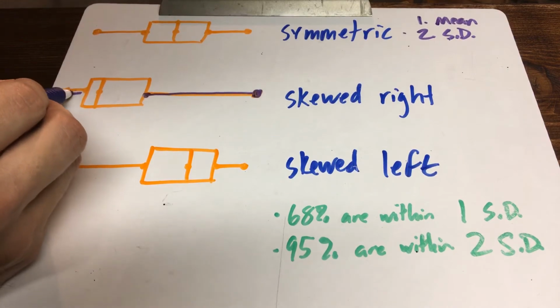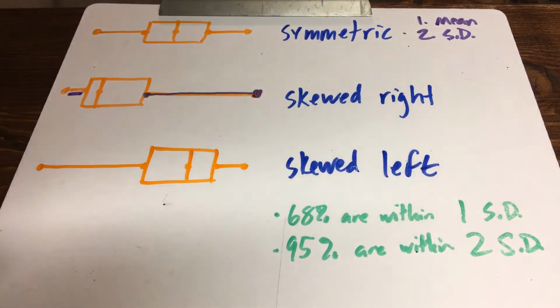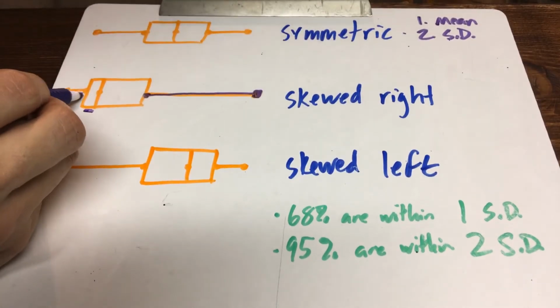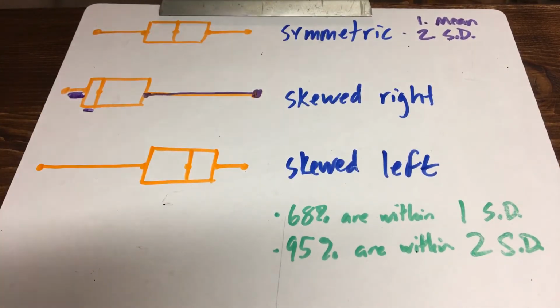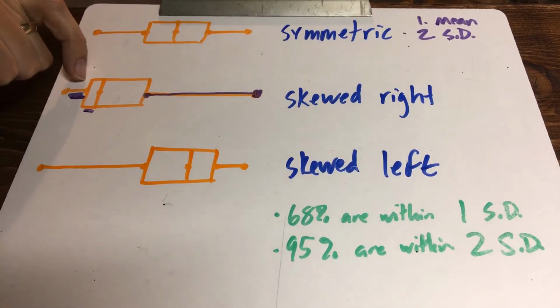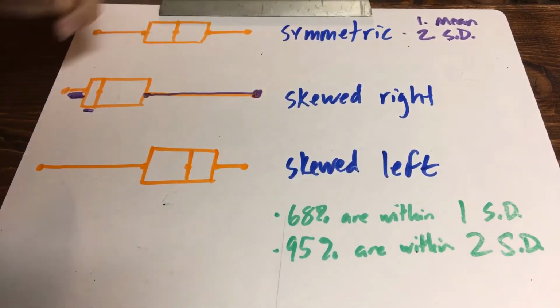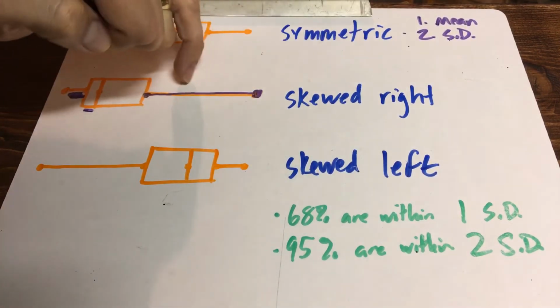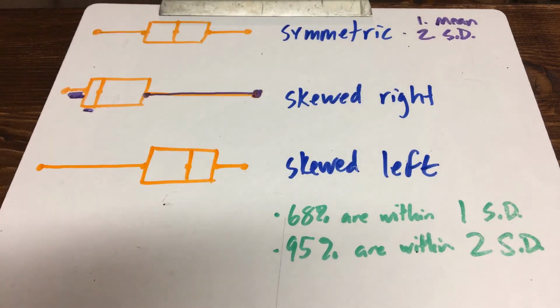See how close that whisker is? It doesn't always have to look like this in the box, but it's definitely always going to be this with the whisker. When this whisker is short, that means there are a lot of numbers in here. The data is really bunched on the left. And over here, it's really spread out. So when most of the data is on the left, we call it skewed right, because look how long that whisker is.